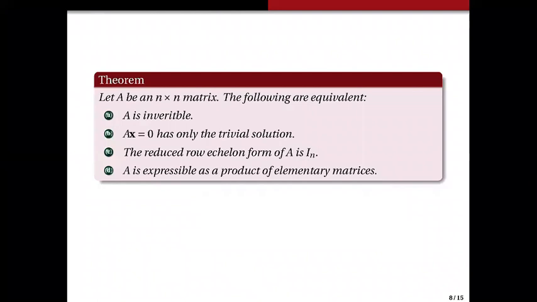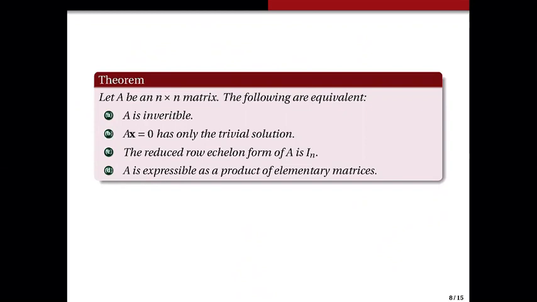How do you get the identity matrix? Well, find the reduced row echelon form. You apply the Gauss-Jordan method if you have to. But basically, what you're doing is just applying a sequence of elementary row operations. And furthermore, this fourth statement here: A is expressible as a product of elementary matrices.